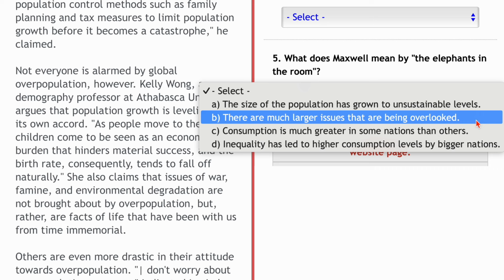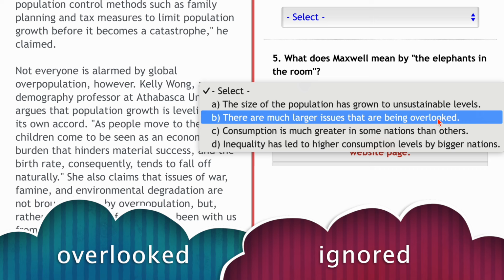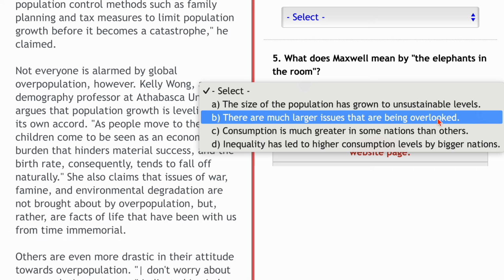So there are much larger issues, or elephants. The elephants, because an elephant is such a big animal, right? That are being overlooked, not considered. We are not focusing on them, ignoring them. And they are in the room.